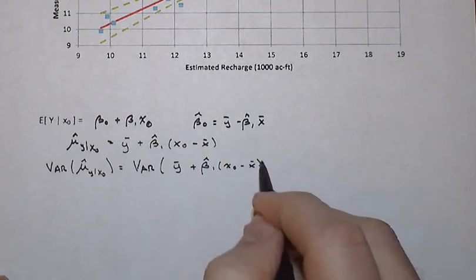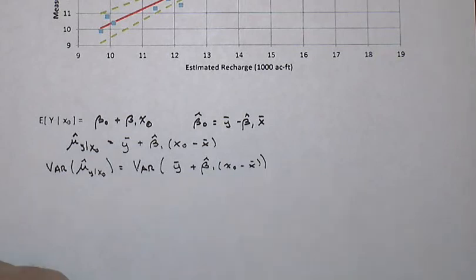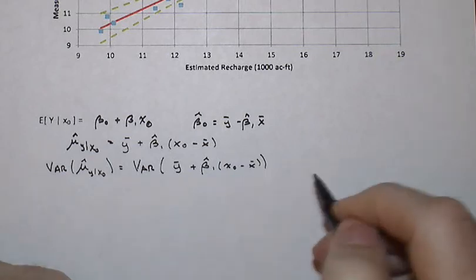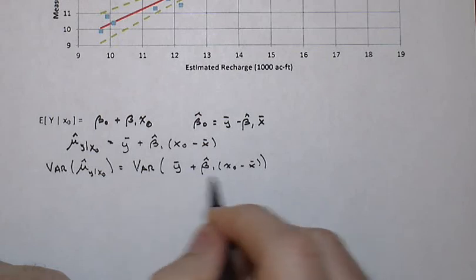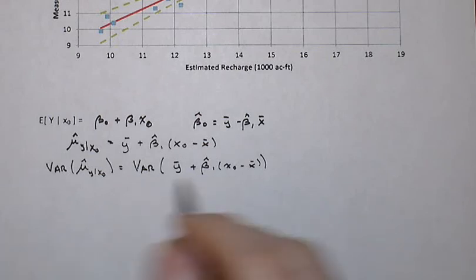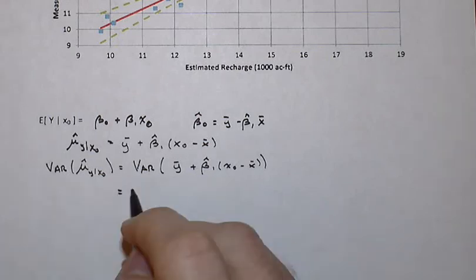We're going to substitute in for that expression and get y bar plus beta 1 hat times x0 minus x bar. Remember, the variance of a sum is equal to the sum of the variances if we include the covariance appropriately.